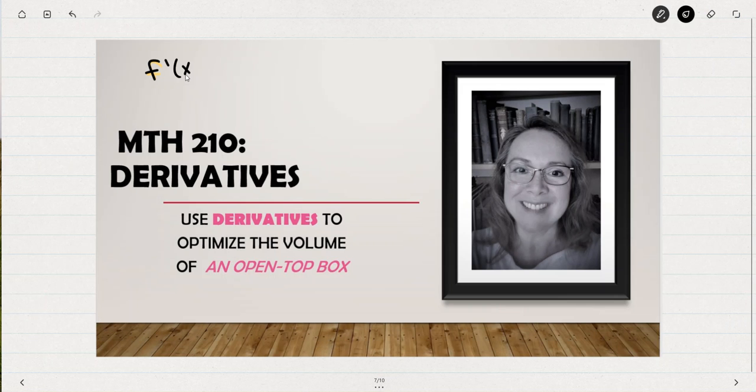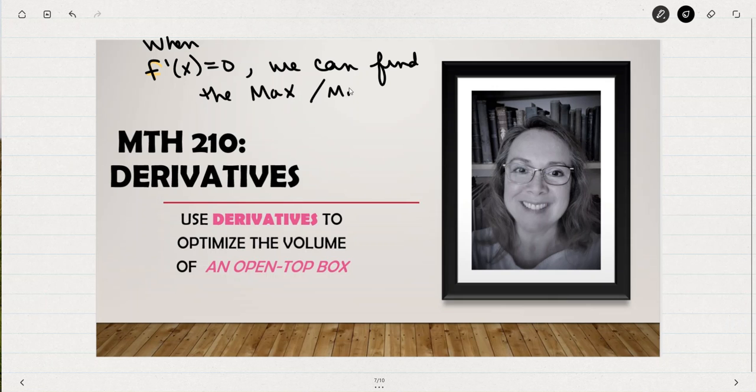When the derivative is 0, or maybe I should say the x for which the derivative is 0, we get the maximum or minimum. In other words, we optimize. We get the maximum and minimum values of the function.